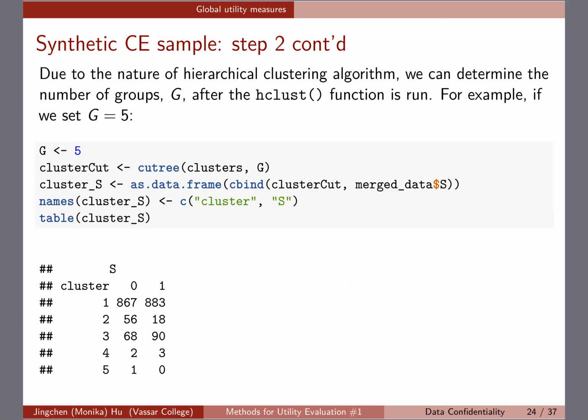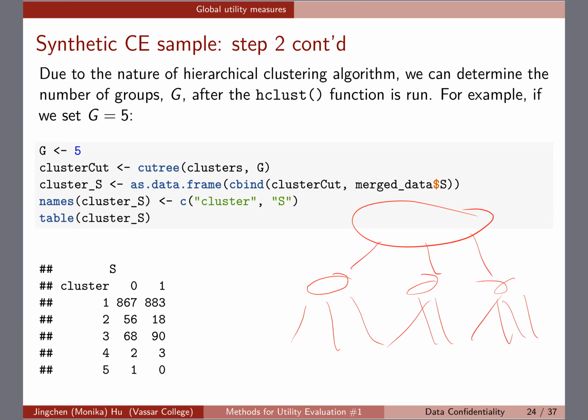The way that I figure out how to fix the number of groups is, you know those clustering algorithms are usually trying to grow trees. They start with all observations together, but then they slowly branch out. So this is the object that we save the output of the hclust method on our data set into.